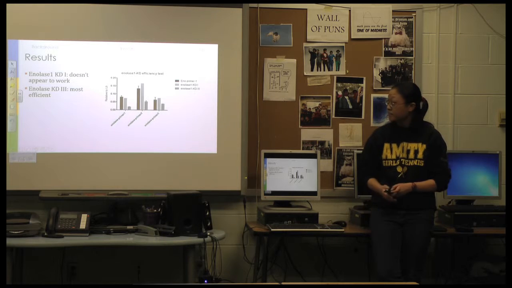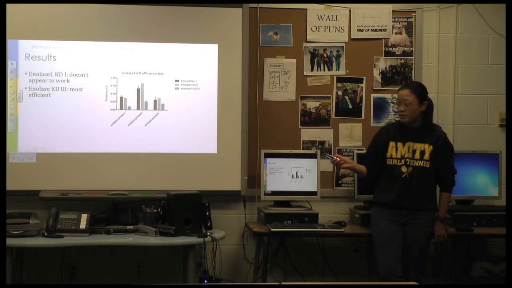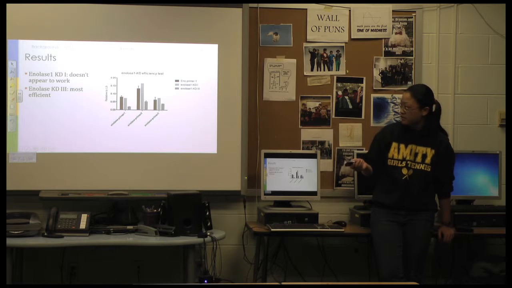So our results: this enoprimer 1 was our control, which we looked at as a basis for comparison, and these were our two genes with a knockdown. As you can see, enolase knockdown 1 didn't really knock down much, so expression is pretty high. Enolase knockdown 3 worked really well, so there's very little gene expression.